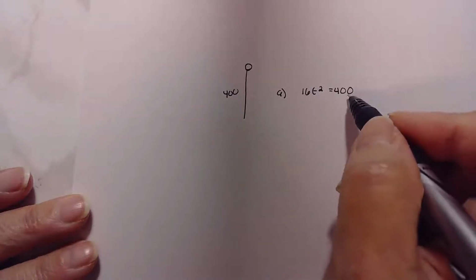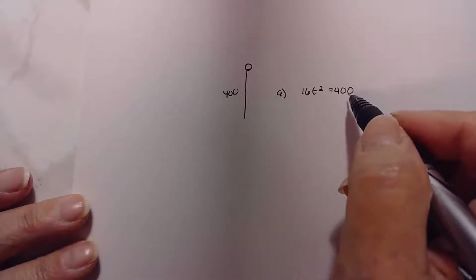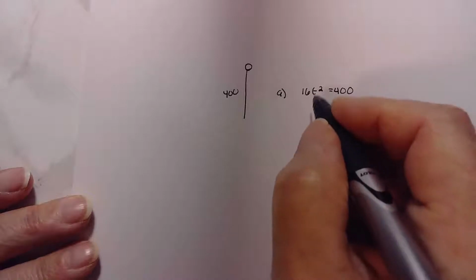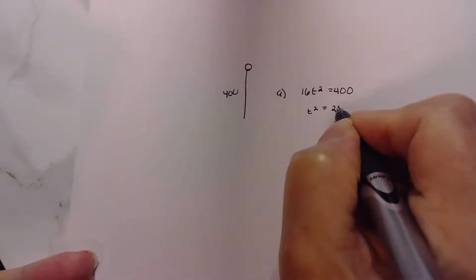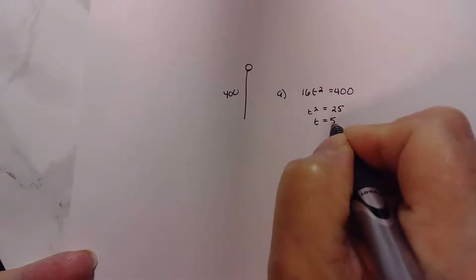And we know that has to equal the total distance, which is 400 feet. So if we solve this, we divide both sides by 16, and we get 25. So the time is 5.